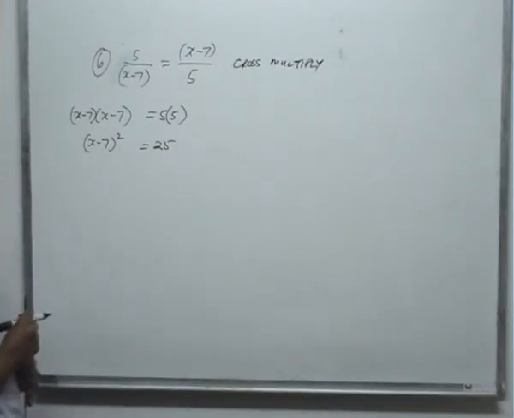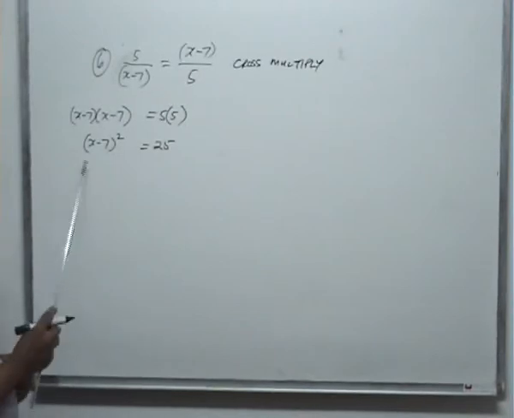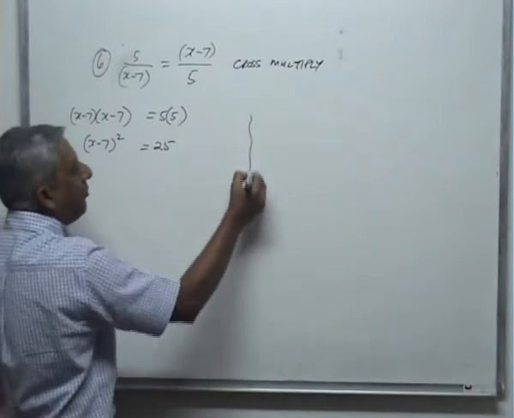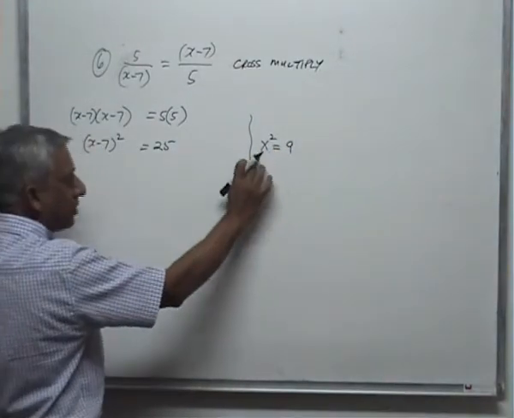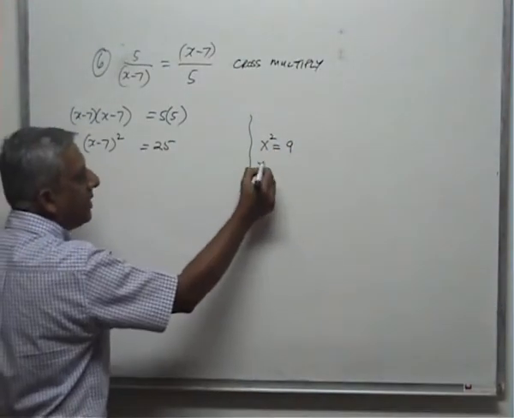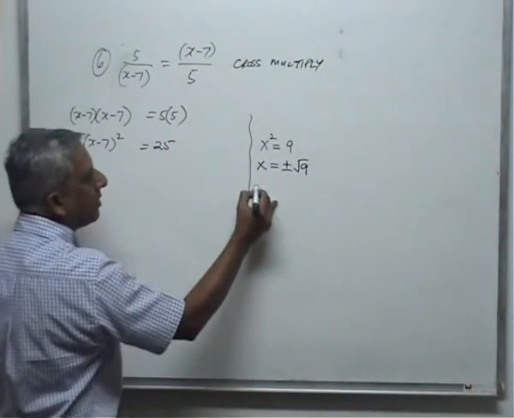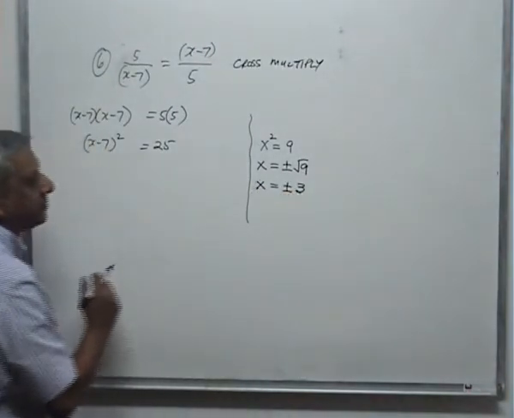Now, you can do this the way I showed you before, or I'm going to show you a new method from here. If you got x squared is equal to 9, for example, then you can say that x is equal to plus minus the square root of 9, x is equal to plus minus 3.